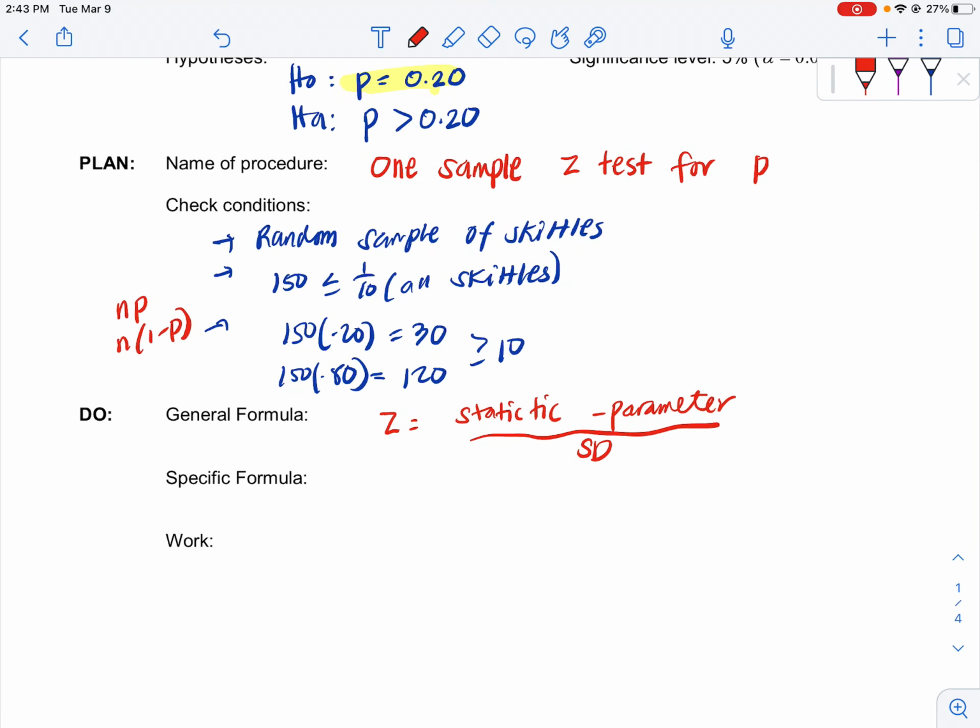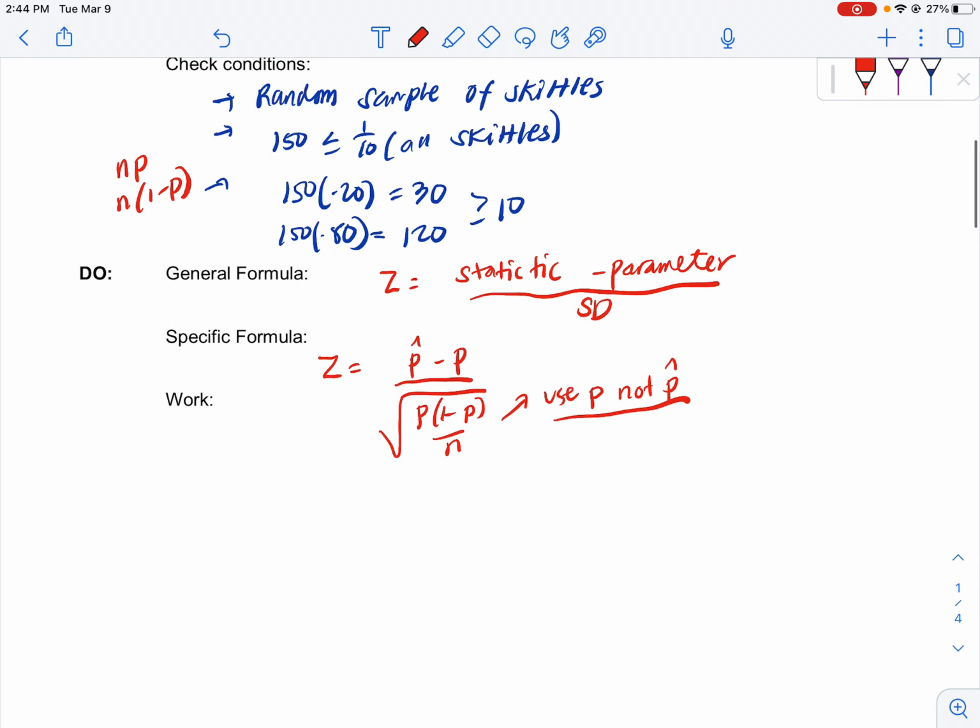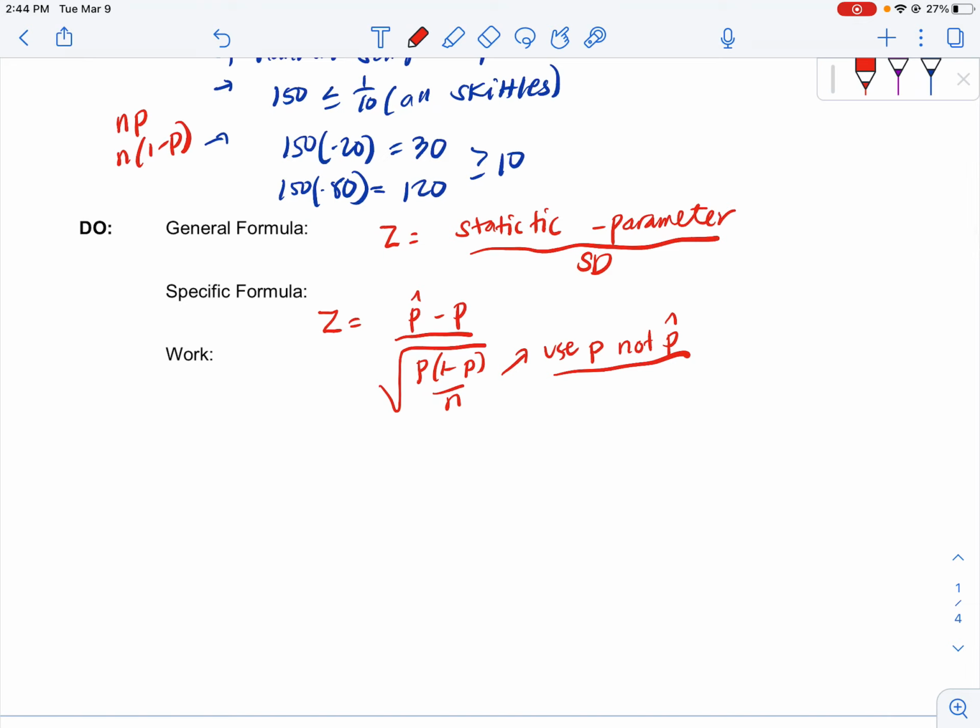Our specific formula would be z equals p hat minus p over the square root of p times 1 minus p over n. Please take note, I use p, not p hat, in the bottom. And why do I use p hat on the confidence interval? Again, because you don't have the p.